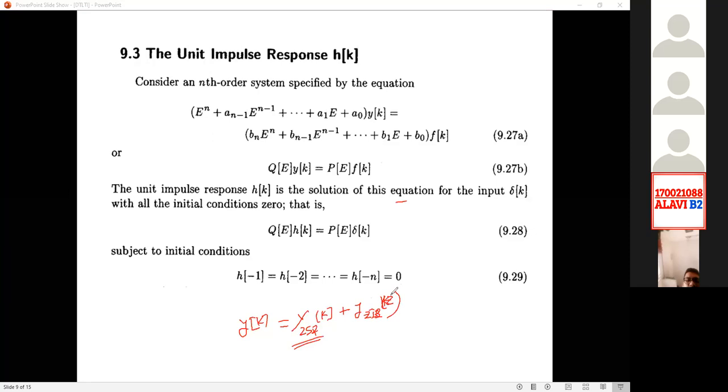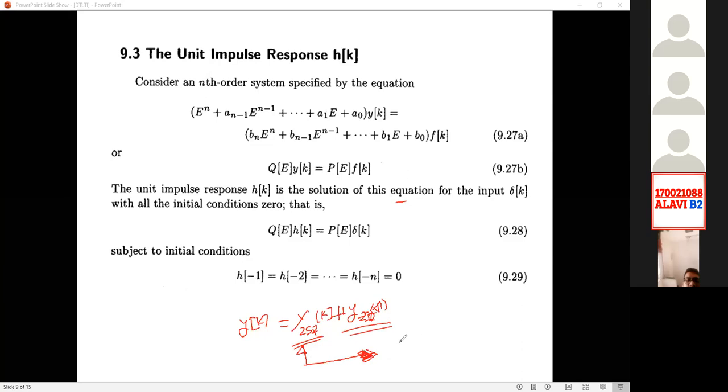No, it is reverse. We have our ZIR that we have determined, the zero input response, but in order to find your ZSR by using the classical technique, we need to again solve the differential equation or difference equation.